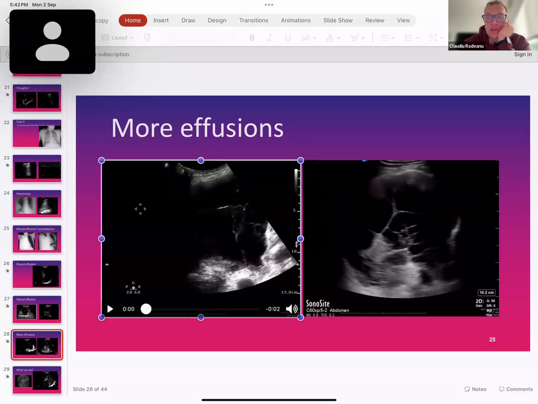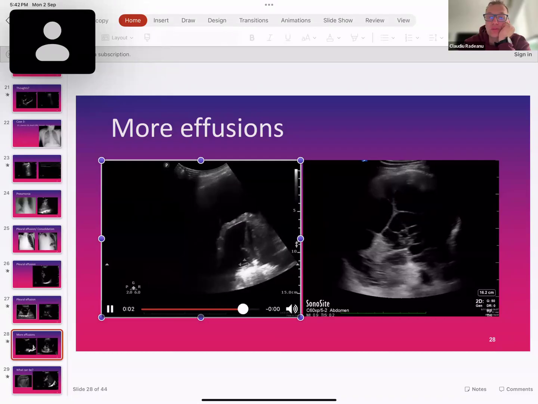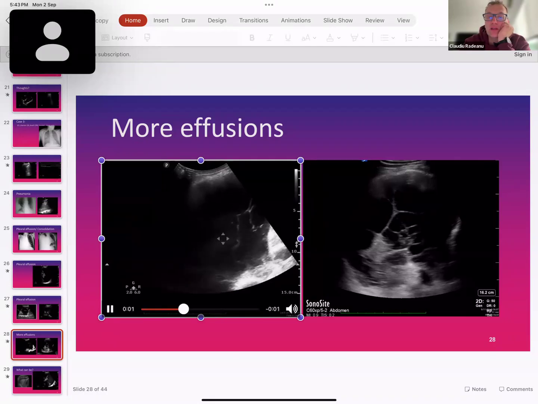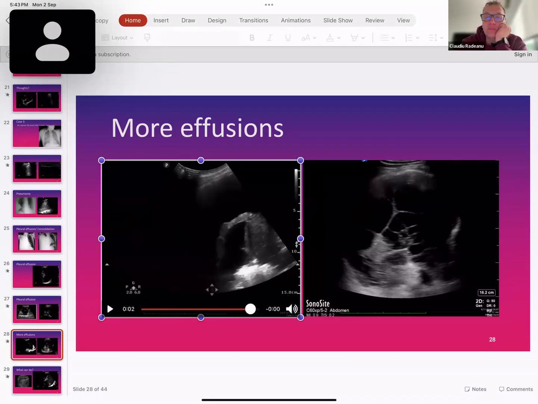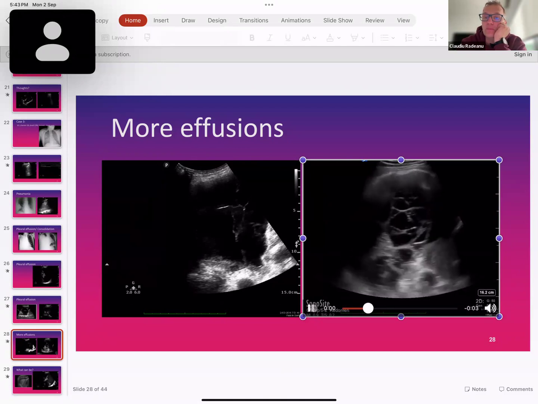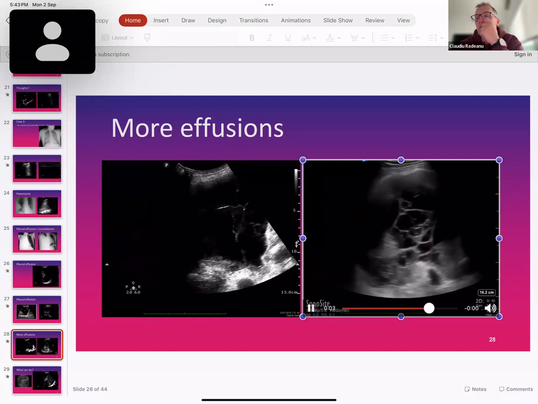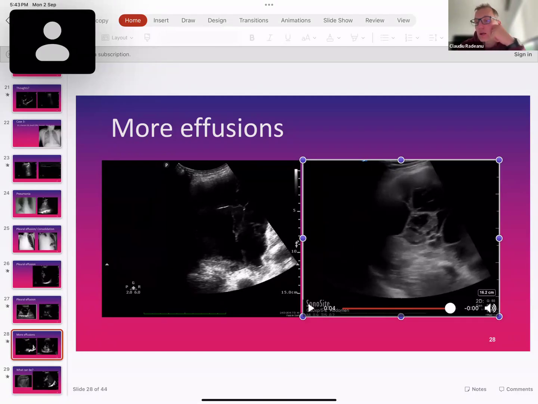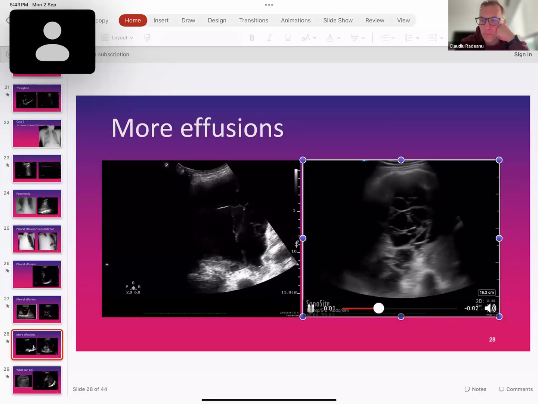More pleural effusion. So sometimes you'll see fibrous tissue. You see how it starts from forming fibrin. So do not get worried about it. Sometimes you'll see it even more fibrous, like a spider net. So this is a pleural effusion that probably had a high protein content, and therefore is starting to organize.